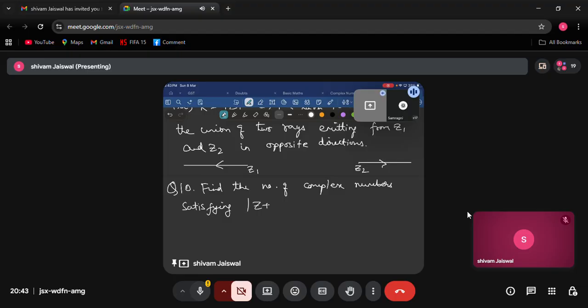Mod of z plus z bar plus mod of z minus z bar equal to 2 and mod of z plus iota plus mod of z minus iota is equal to 3. Solve.